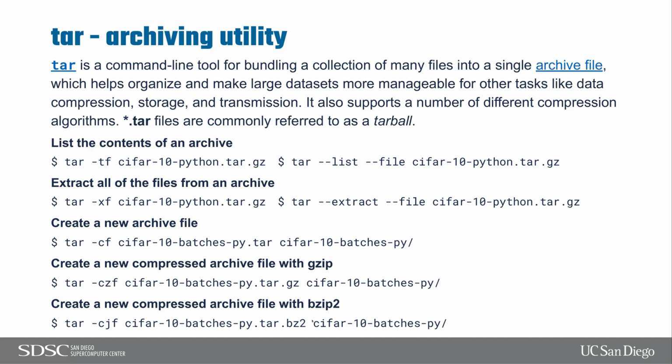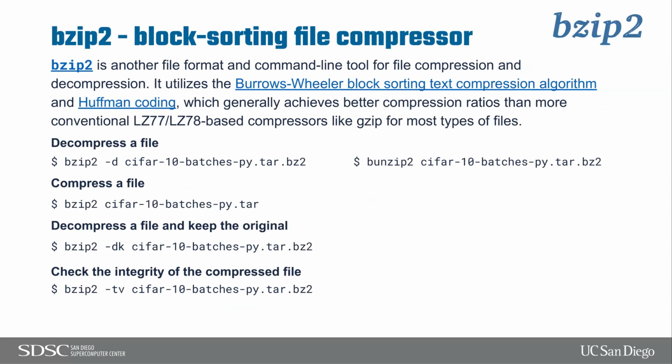It uses a different type of lossless compression algorithm, but it achieves higher compression ratios. So if you really want to shrink your data, the bzip2 format is likely the one you'll see most commonly out there, in addition to gzip.